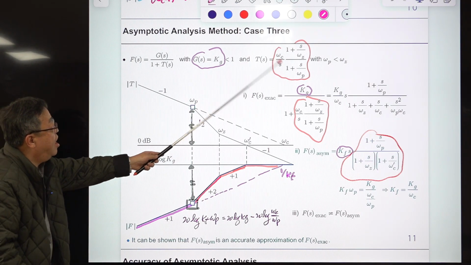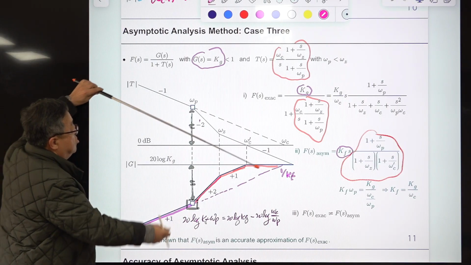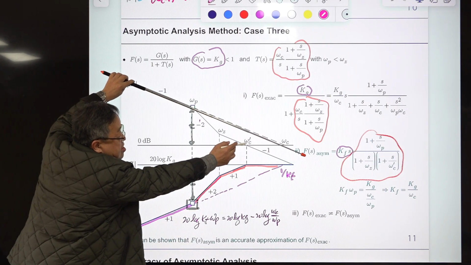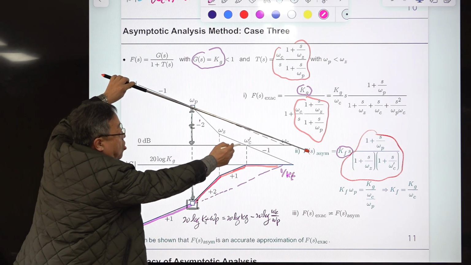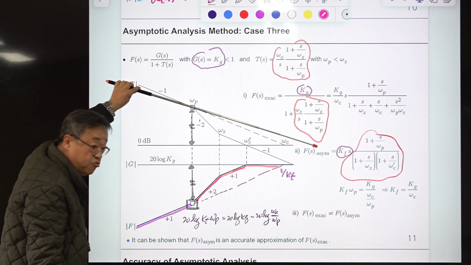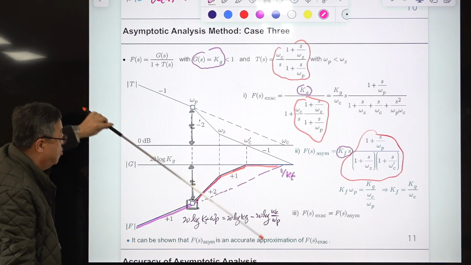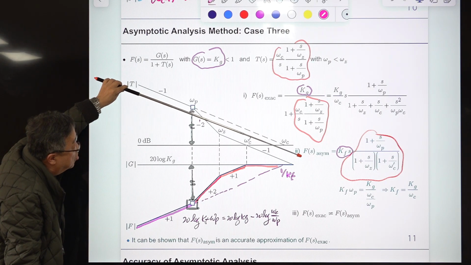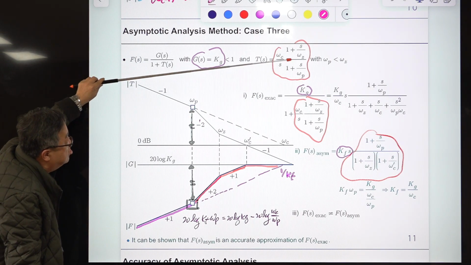So initially it has integration, and this line segment is looking at this omega c, because at this frequency omega c is here, then this one becomes 1, which is 0 dB, right? So it was declining, looking at this point, but in the middle there is a 0 here.